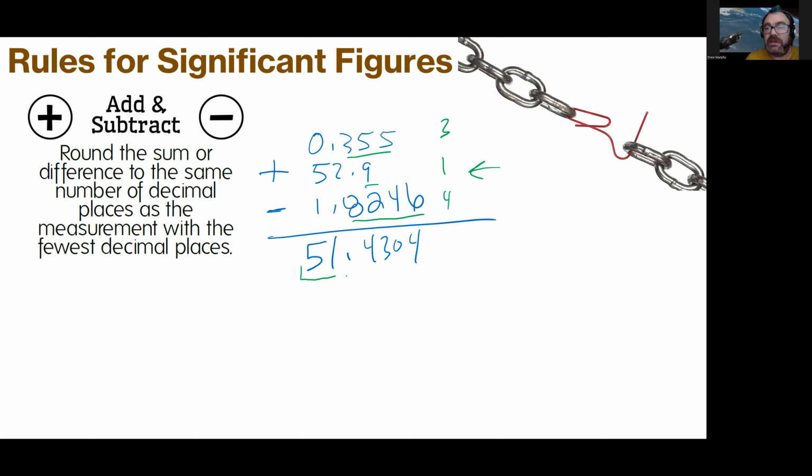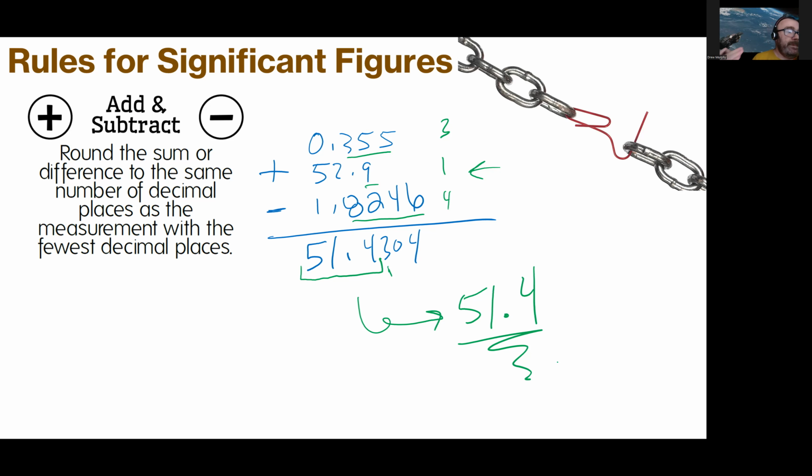The digit after that is a 3, so we don't round up. Our answer should be 51.4. You may have a different number of significant figures than you think you should, but you should have the right number of decimal places.